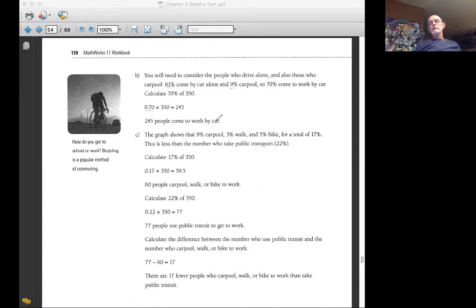So my suggestion, before you do any of these problems, is to calculate the numbers before you do any of the questions. Don't even look at the questions, okay? Because then you'll end up having to go back and forth.